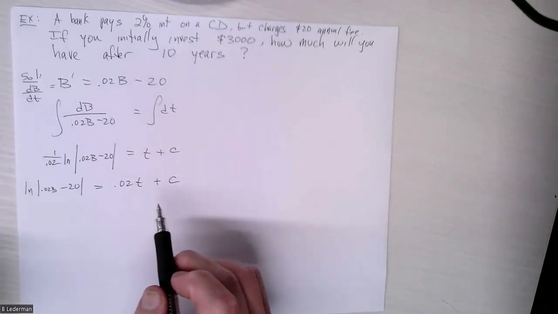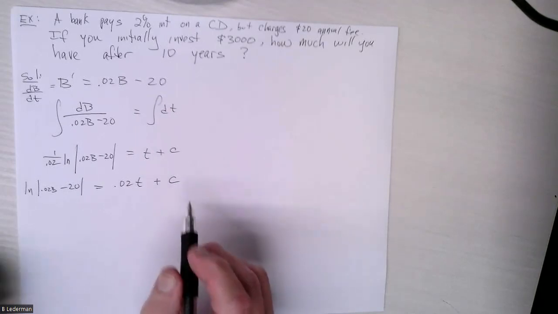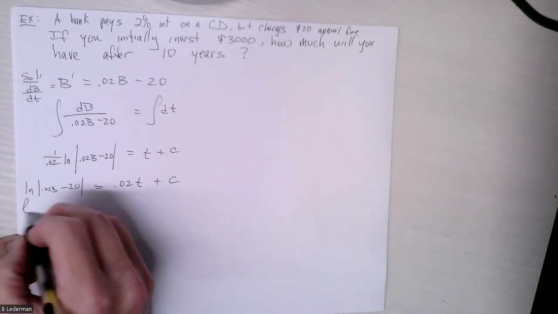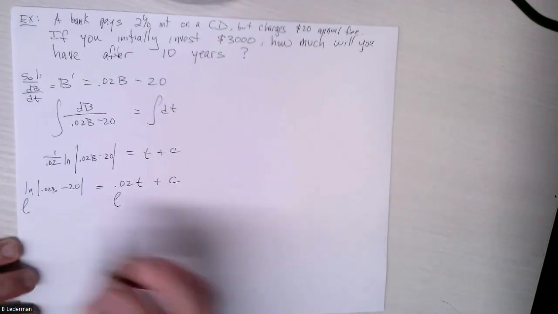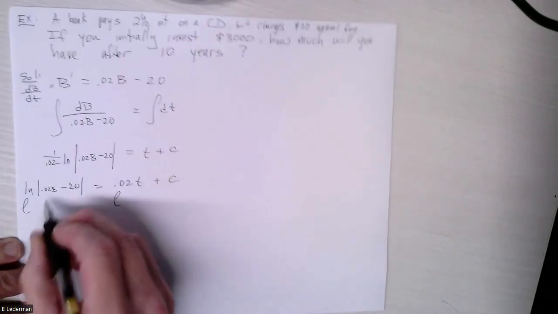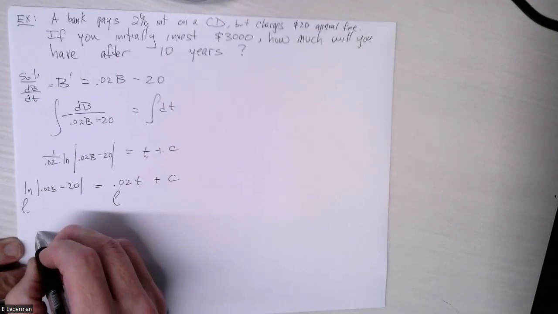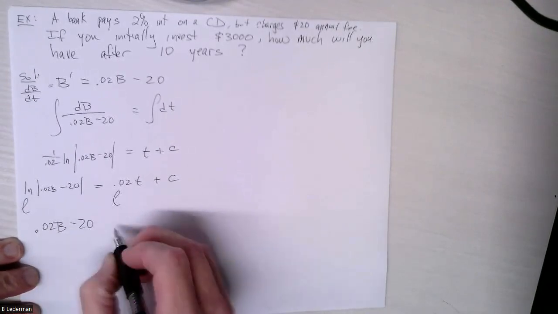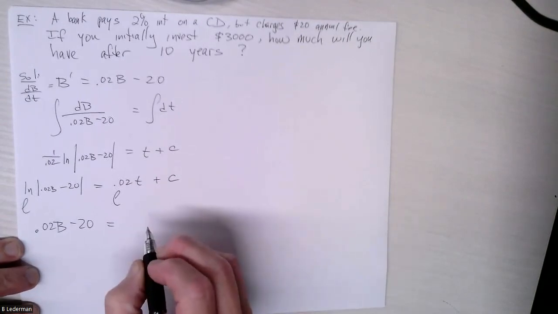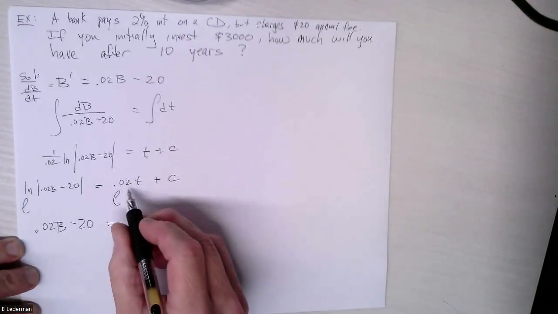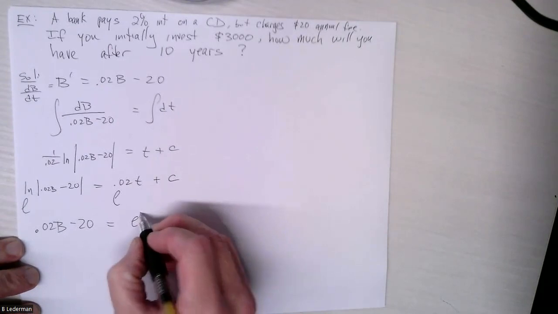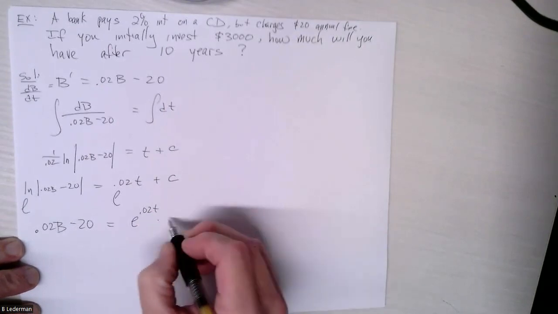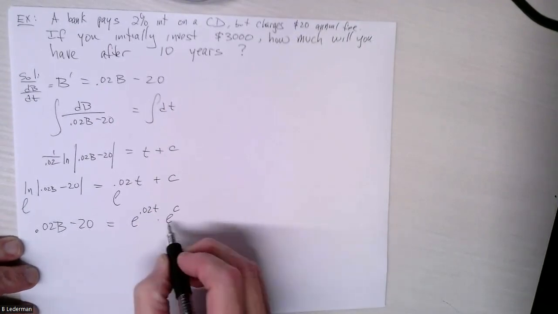Anyway, now what I do is I exponentiate each side, which means I raise each thing to e. So here the e and the ln cancel each other out. So I have 0.02b minus 20, and that's going to be equal to e to the 0.02t times e to the c. That's a law of exponents.